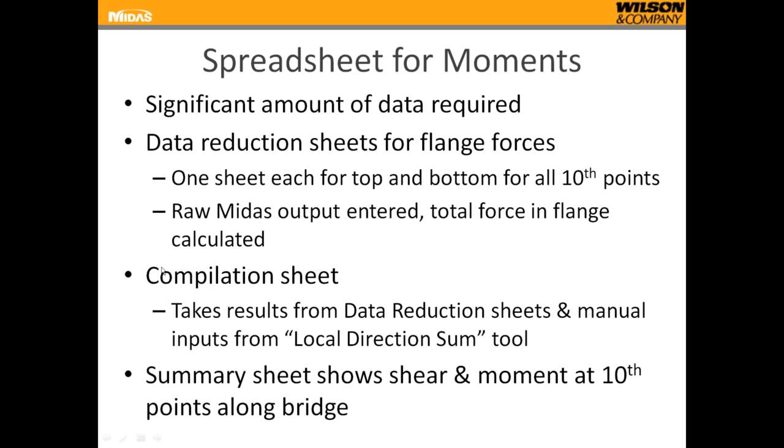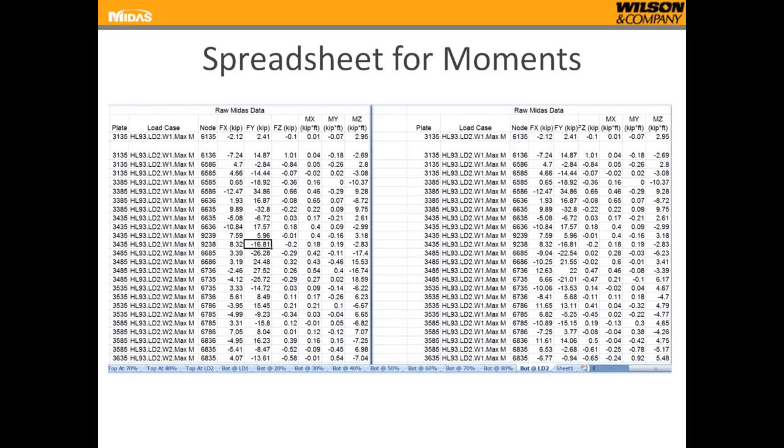So the compilation sheet takes all 18 of those spreadsheets, extracts those flange forces, and also allows me a place to put the local direction sum results from the webs. The summary sheet shows shear and moment at 10th points along the bridge. This is the final sheet, which gives the results that were needed for design.